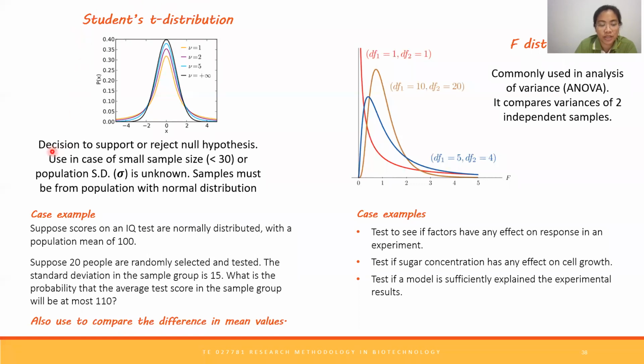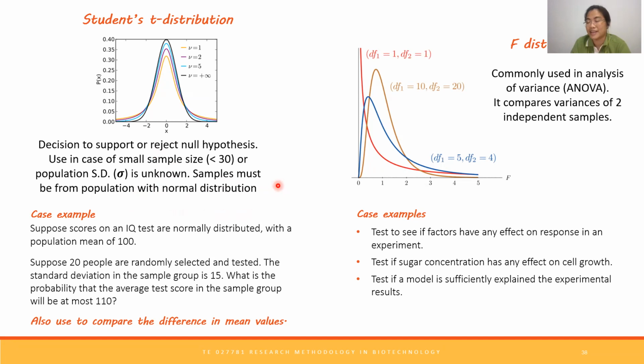The T distribution is used for making decisions to support or reject the null hypothesis, using a small sample size, less than 30, or when the population standard deviation is unknown. Normally our population standard deviation is unknown because we only involve a small sample, so that's why we are using the T distribution. Samples might still be from a population with a normal distribution.